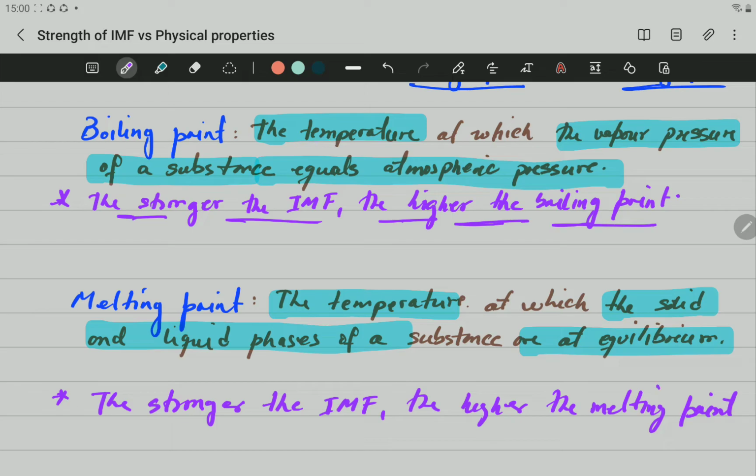So, if the intermolecular forces are stronger, the substance will have a higher boiling point as well as a higher melting point.